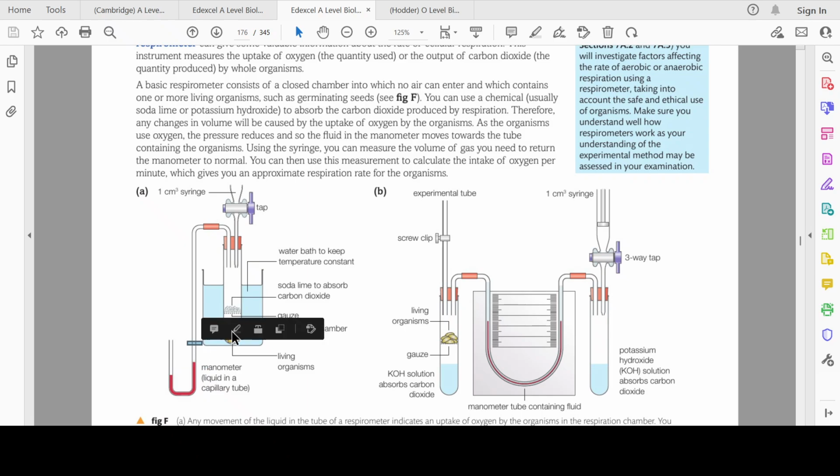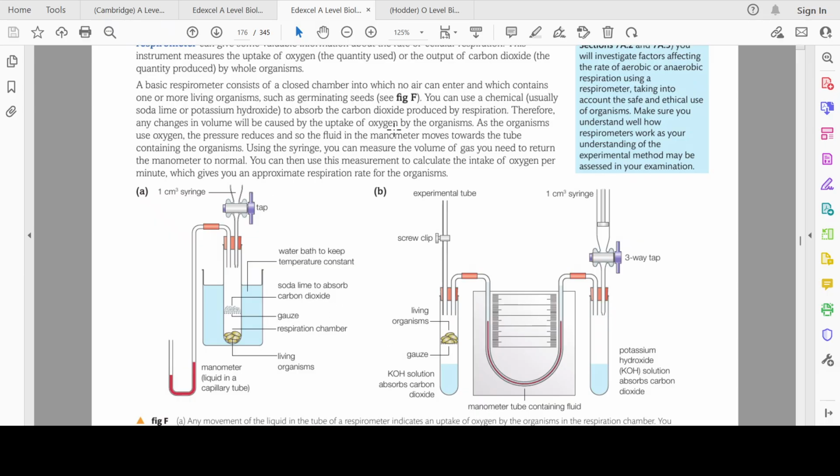If oxygen is taken up and carbon dioxide is released, the volume of air in the tube remains constant, and so you will not observe any change, and that's why you have the soda lime to absorb the carbon dioxide. The gauze is so that the seeds are separated from the soda lime. They don't fall on the seeds and cause problems.